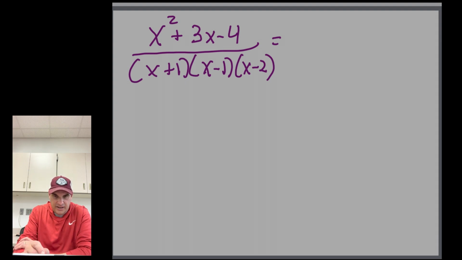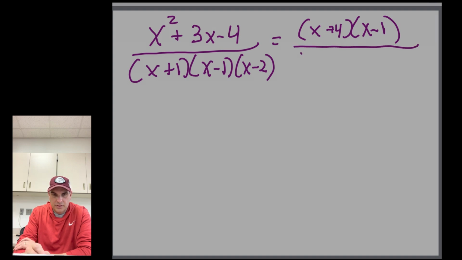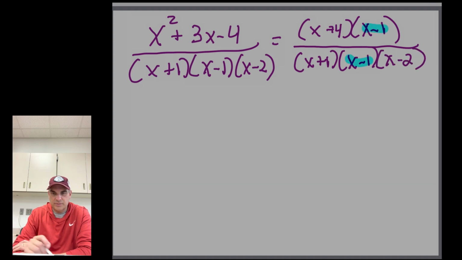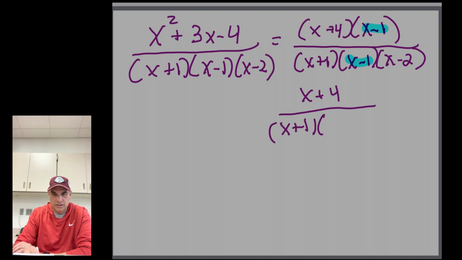I think that factors into x plus 4 and x minus 1. Yep. So then that's over x plus 1, x minus 1, x minus 2. Now we've got this x minus 1 and x minus 1. So our final solution to this is x plus 4 over x plus 1 times x minus 2.